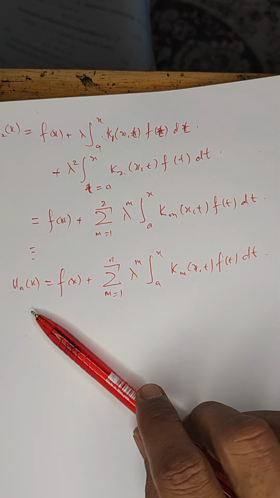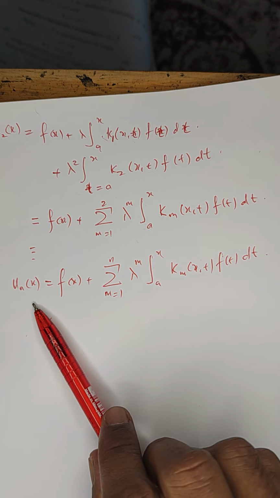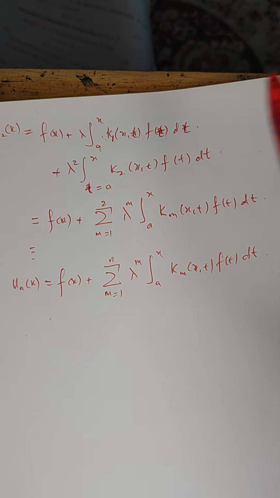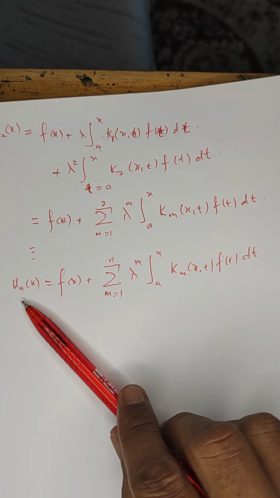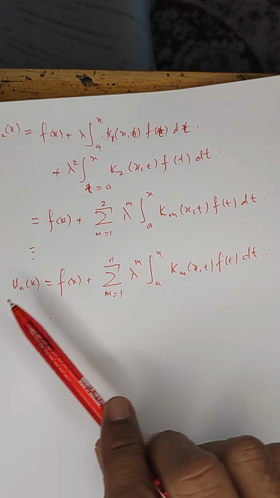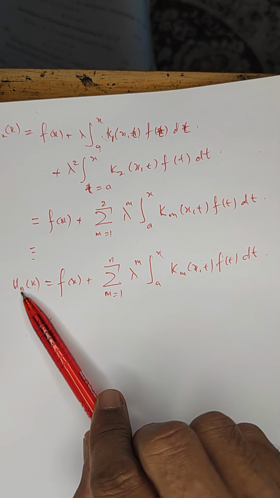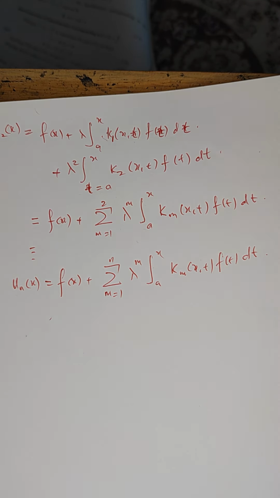So to obtain the solution to our equation, I mean the non-homogeneous Volterra integral equation, we need to take the limit n goes to infinity, then we obtain u, provided that those limits converge.